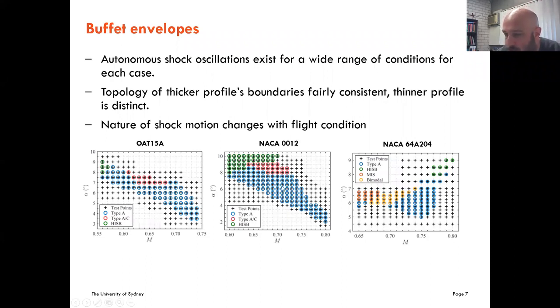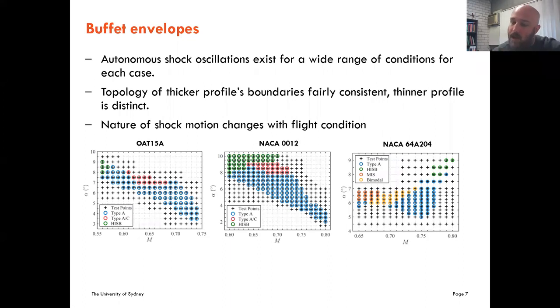But you can see that most of the envelope is dictated by a type A shock motion, which is just a nice sinusoidal shock oscillation over the top surface of your aerofoil. There are some parts of the flight envelope, marked by the red dot, where we've got a type AC, which is a shock motion where, as the shock moves upstream, it propagates into the free stream and disappears.